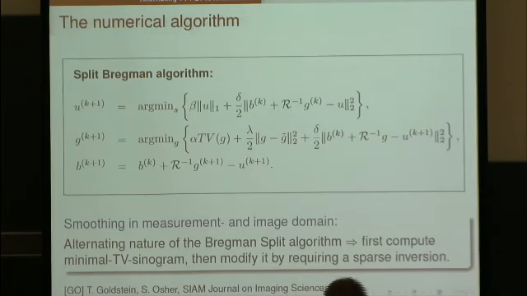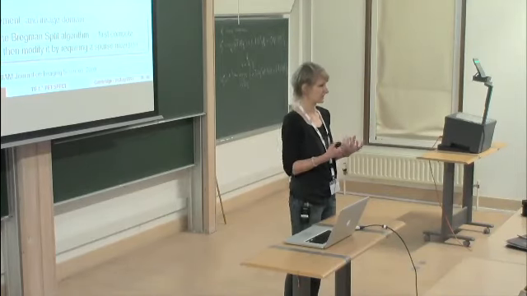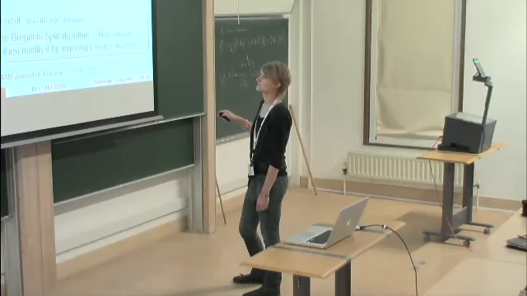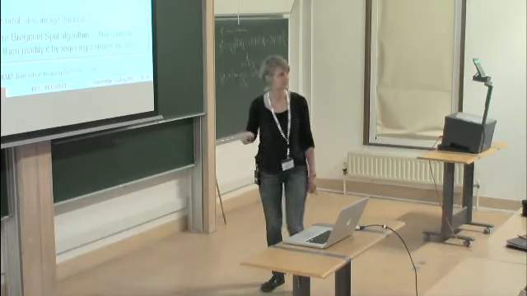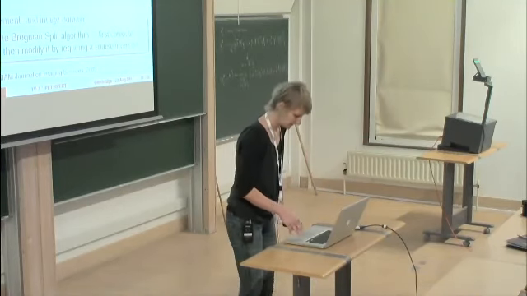This procedure, which is called the split Bregman algorithm, was proposed by Goldstein and Osher in 2009. It is actually nice because it also mimics our main regularization idea, which is that we want to regularize in both image and sinogram space, and we do this now alternatingly. This is why the title of the talk is Alternating PET Reconstruction.